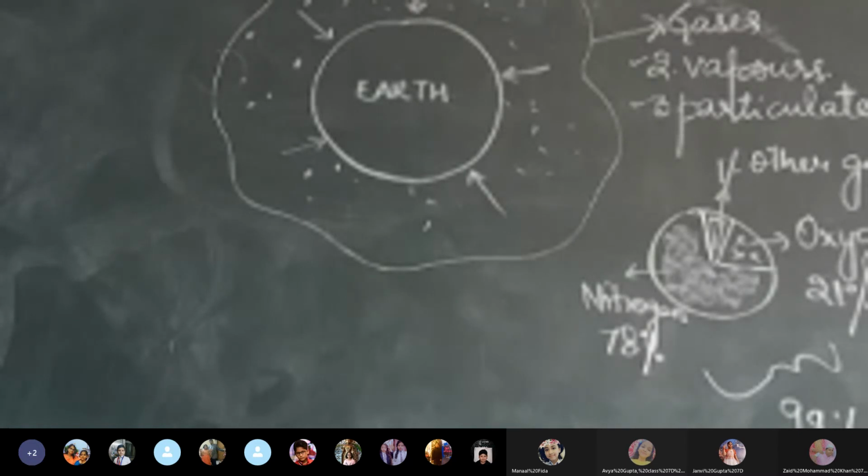These particulates help in the scattering of solar radiation, which adds very charming color of red and orange at sunrise and sunset. Now, the various smoke, dust particles, volcanic ashes, salt particles, all these are present in the atmosphere in certain proportions.